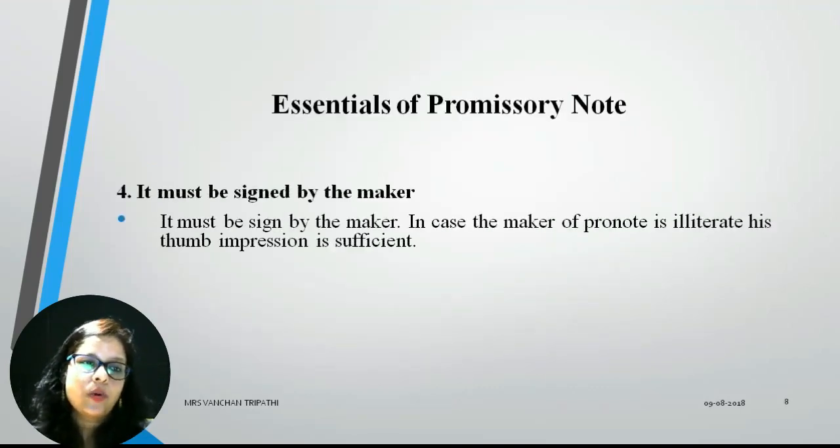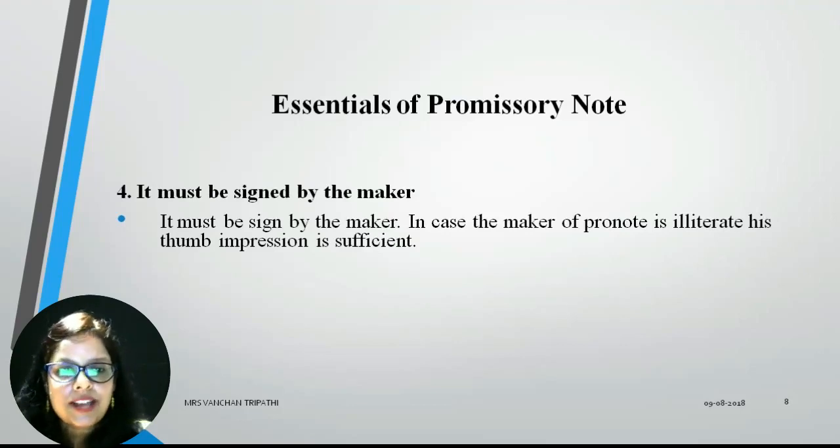So this is the fourth point. It must be signed by a maker. As you know, any agreement, any contract or any written document that is not signed by the person will not be considered valid. Similarly, a promissory note should also be signed by the maker who is making it.